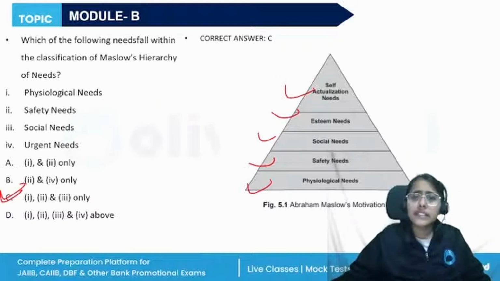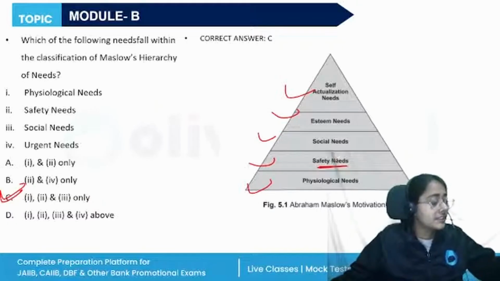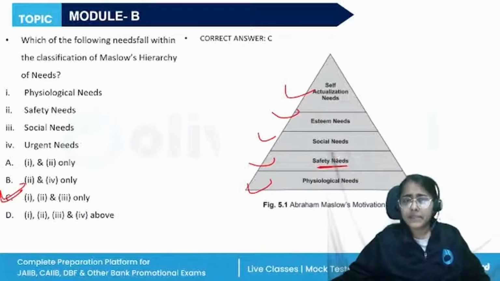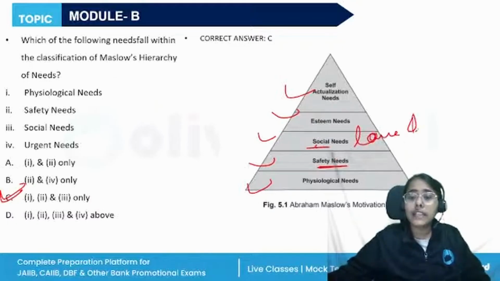Physiological needs are the basic needs like food and clothing, drinking water, a safe place to live. Safety needs means a safe area. Our house should be in a locality which is safe from any fire or burglary, anything. Then we have social needs, which are the love and belongingness needs.